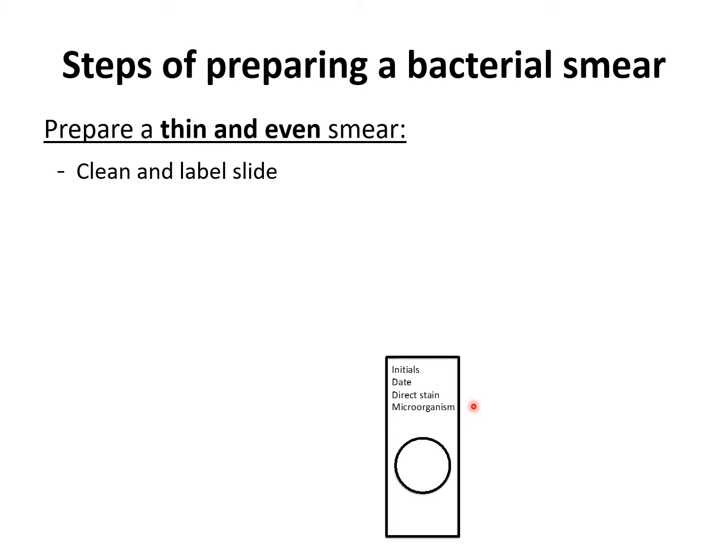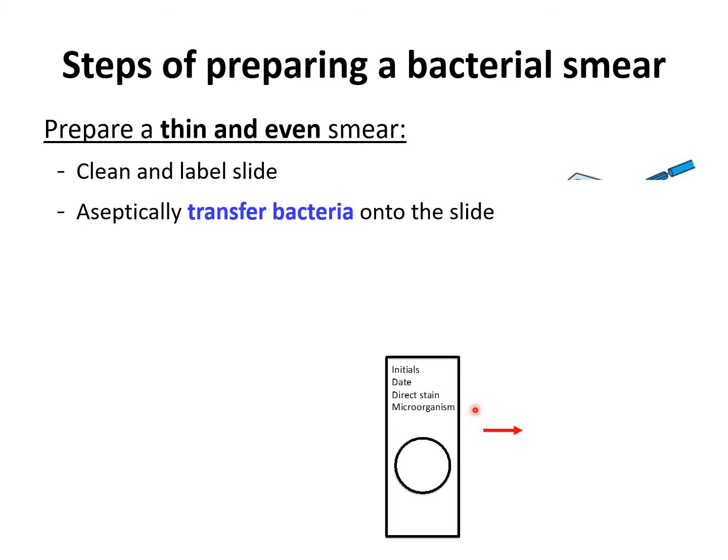So if you're in the lab and we give you a test tube and we tell you, okay, this is unknown number 13, go ahead, perform some tests to figure out what type of bacteria you have. Well, okay, then you would put your unknown number. But if you know what type of microorganism you're looking at, then go ahead and write the name of that microorganism.